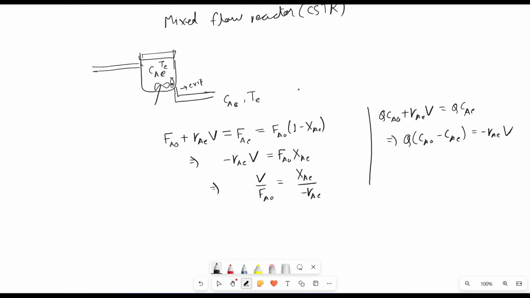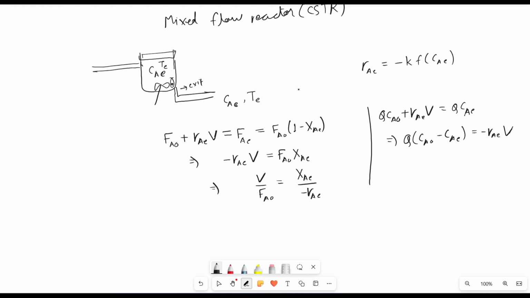Now the reaction rate of A at exit will be something like minus K times a function of CA exit. You can write the rate expression in terms of conversion, or in terms of concentration. It is your choice, whichever is preferred.